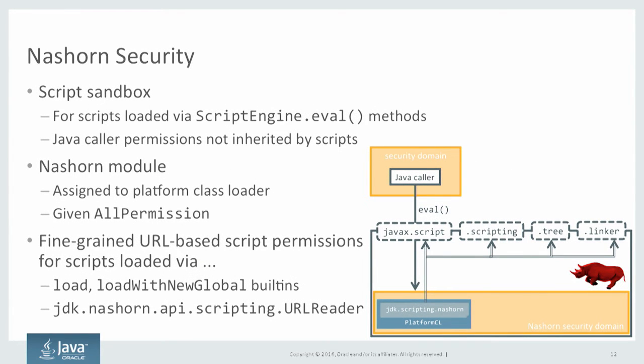Security. We have a dedicated sandbox for JavaScript execution. All the invocations that go through the javax.script interface, no matter what the security domain of the Java caller is, will end up in the Nashorn-specific security domain. And the permissions are not inherited. So Nashorn imposes its own secure view on the world there. The Nashorn module is loaded by the platform class loader.